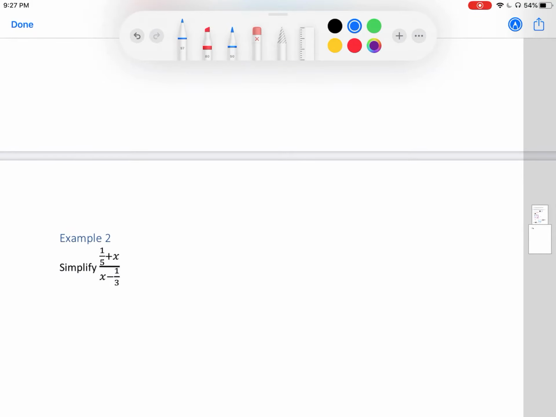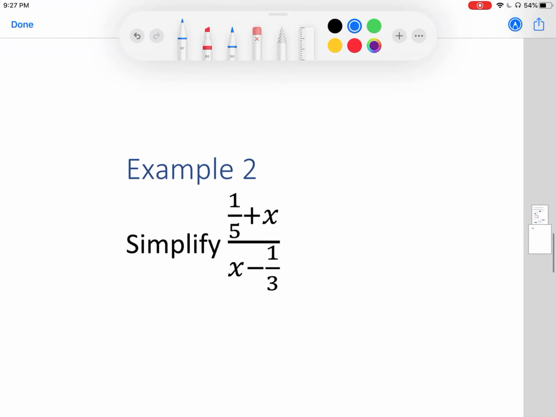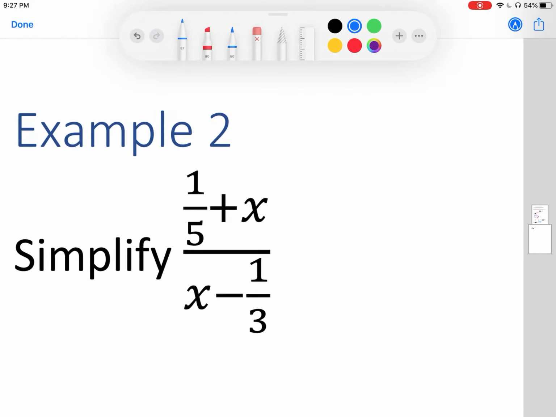Now, another way to do this is to find your greatest common denominator. So you look at all of your denominators and you create a monster common denominator. So for this first one, I have a 5 and a 1, and for our denominator, we have a 1 and a 3.